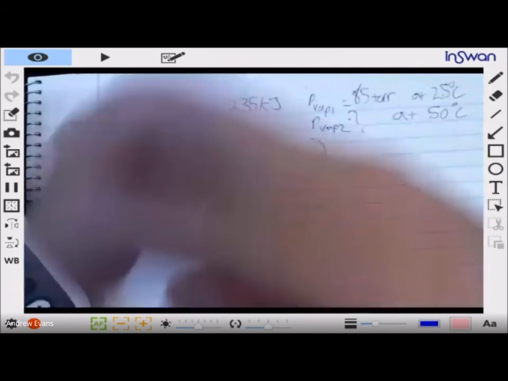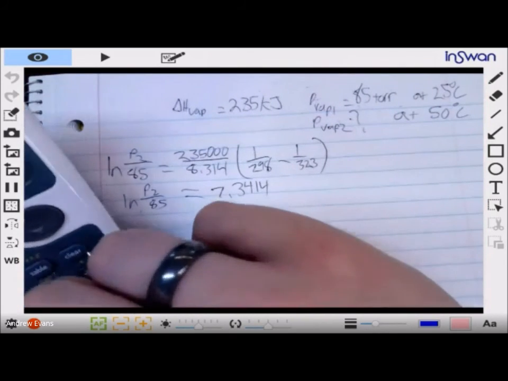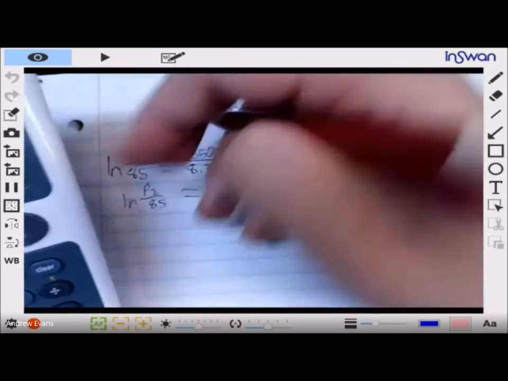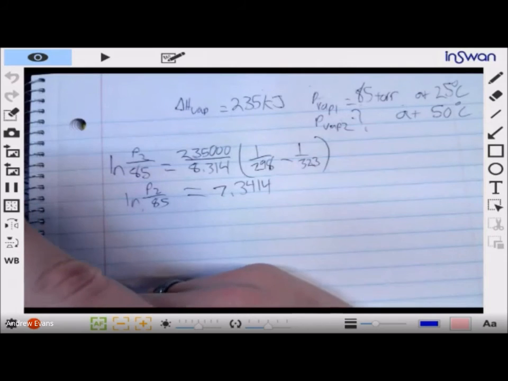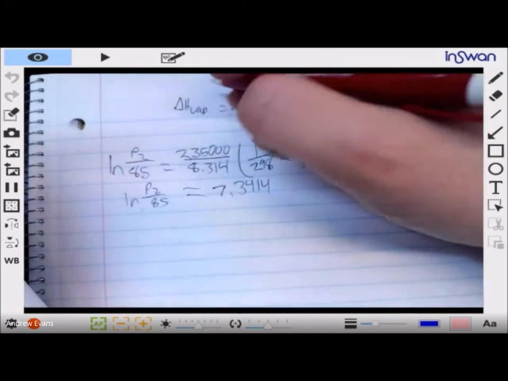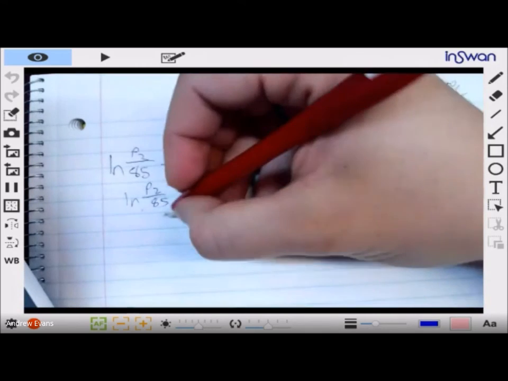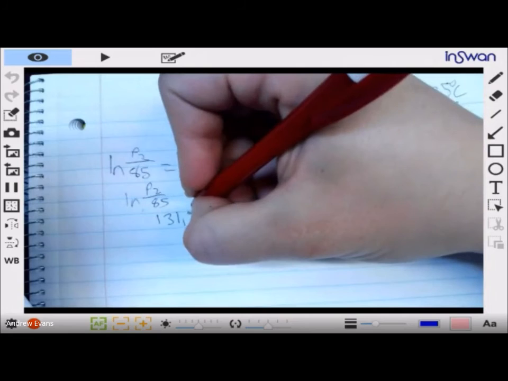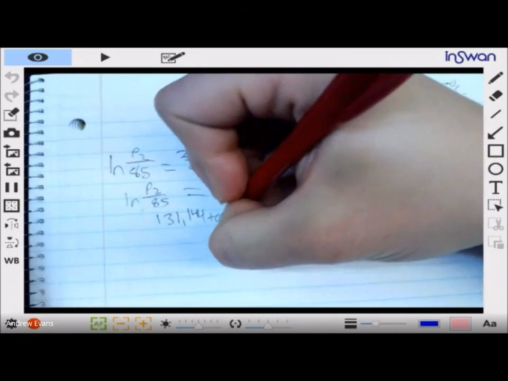So the next step, inverse log both sides. And then I get a big number, and then I multiply by 85. In this case my numbers are kind of outrageous. If I did that, I'd have 131,144 torr under these conditions.